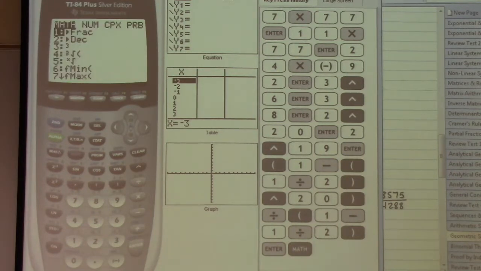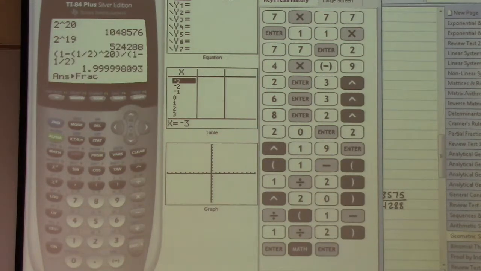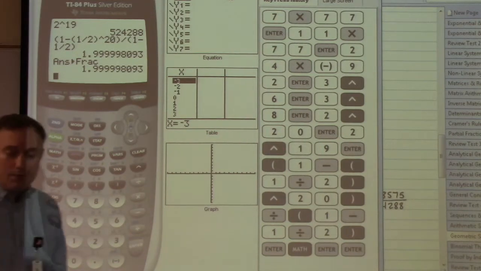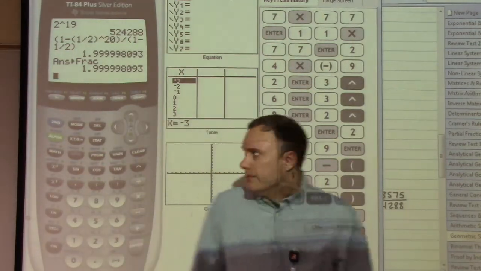That would be in our math menu. And that very first option, convert to a fraction. And then we want to hit enter to see if it'll actually do that. And it didn't. Those numbers got a little bit too big for the calculator to work with and actually transform that decimal into the fraction.